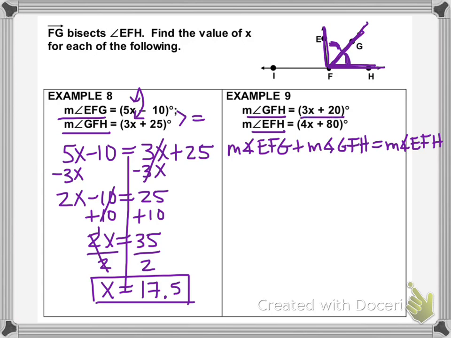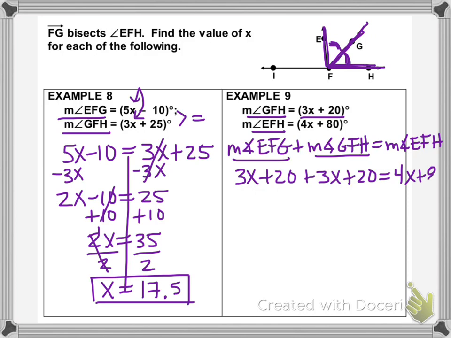So this expression 3x plus 20 I can actually use for both of these smaller angles. I could even do 2 times 3x plus 20. I'm just going to do 3x plus 20 plus 3x plus 20 so I have a better visual. But if you just want to do 2 times that expression and distribute it, you can. The measure of angle EFH, it says, is 4x plus 80.